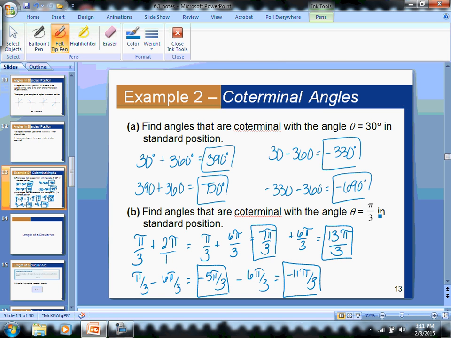Now, I just found 4 coterminal angles here. It doesn't tell us how many to find. So read the directions in the book so that way you know if you're finding positive coterminal angles or negative coterminal angles, or one of each or several of each. Okay? But the point is that you keep adding or subtracting 360, or you keep adding and subtracting 2 pi.